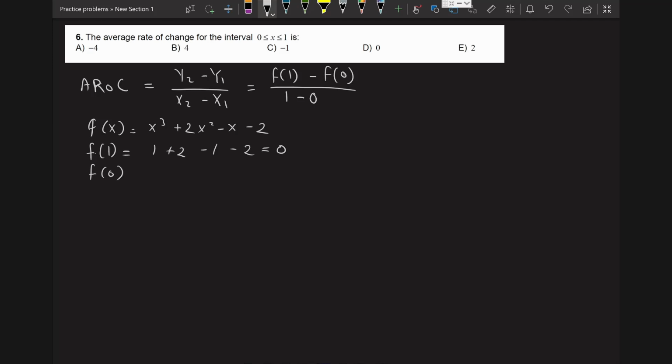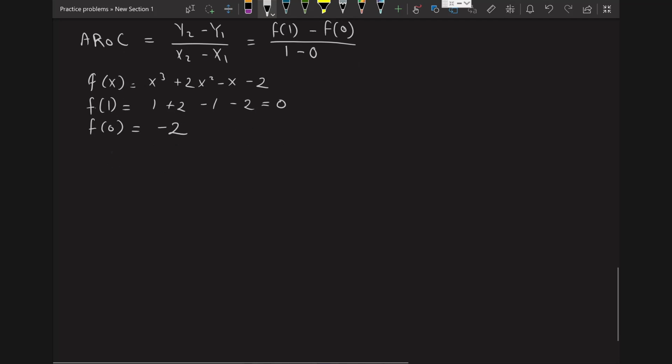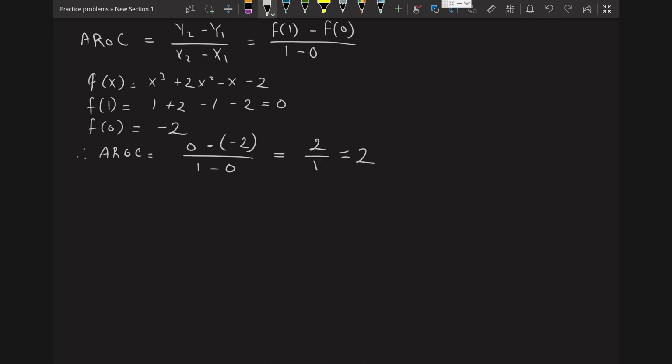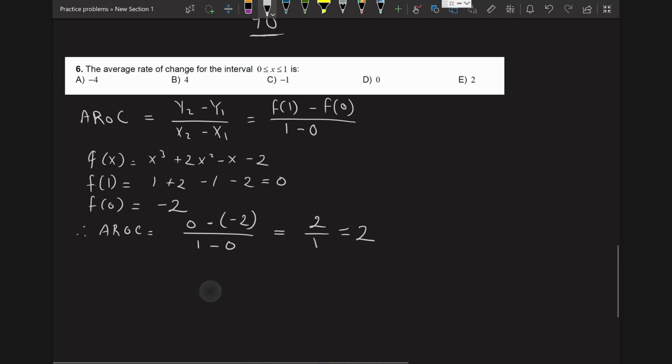F of 0 is equal to negative 2. Therefore, AROC is equal to 0 minus negative 2 over 1 minus 0, which is equal to 2 over 1, which is equal to 2, and that is E.